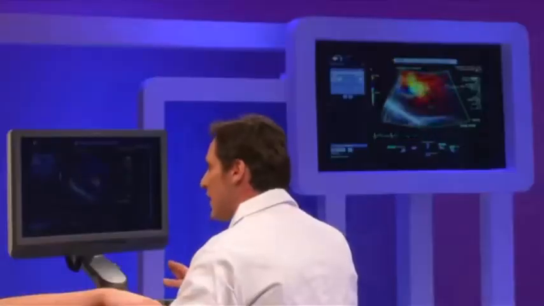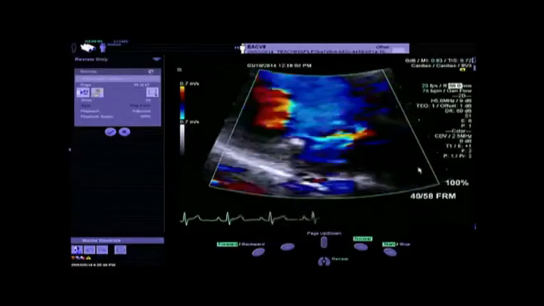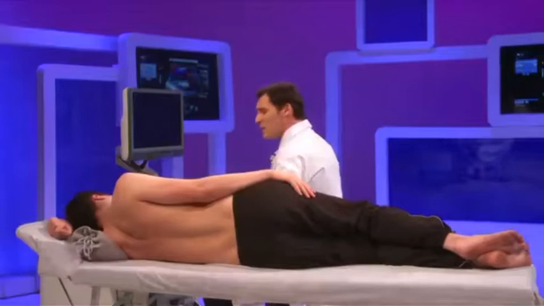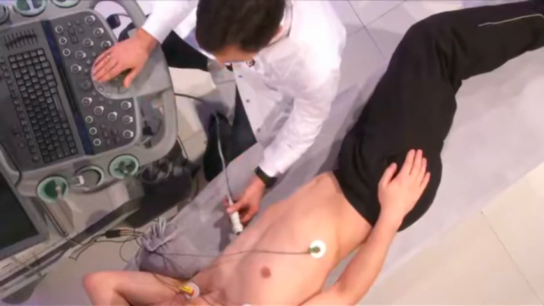But for sure, we cannot use the parasternal long axis view to quantitate the severity of mitral regurgitation, so we cannot use the vena contracta, and this is the incidence recommended to assess the vena contracta in patients with mitral regurgitation.